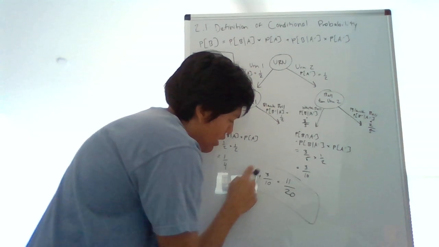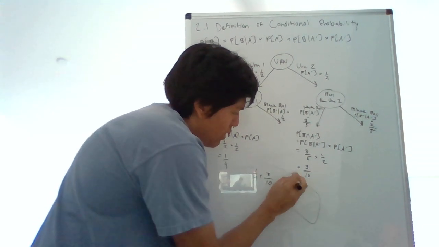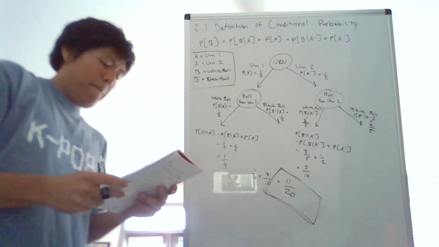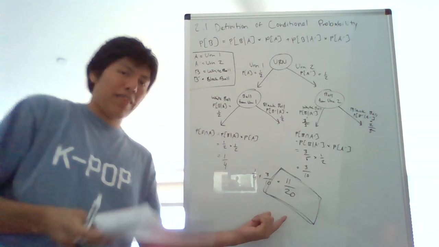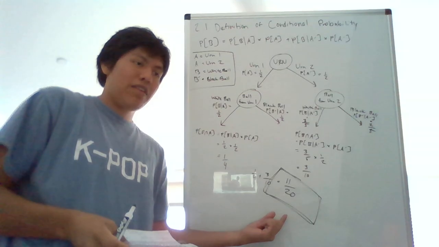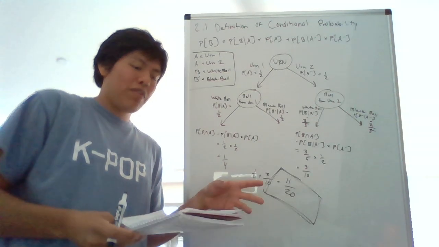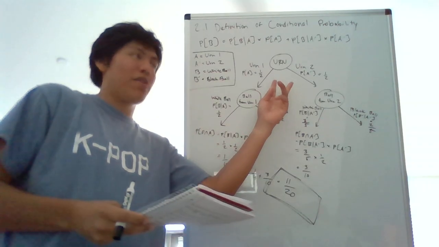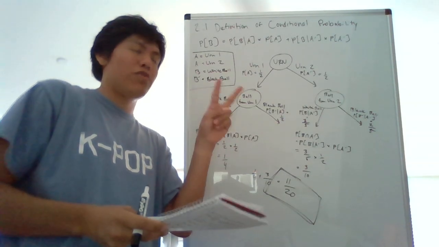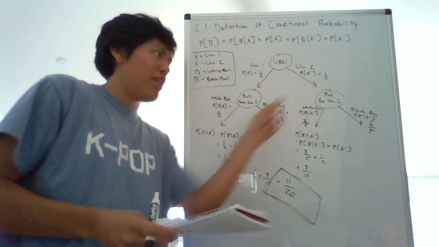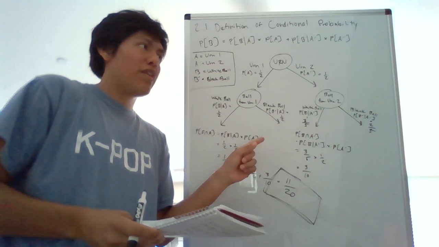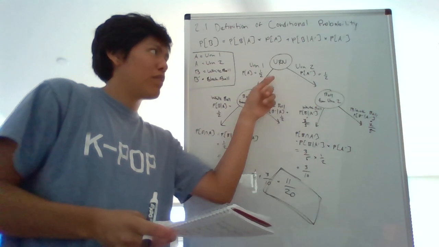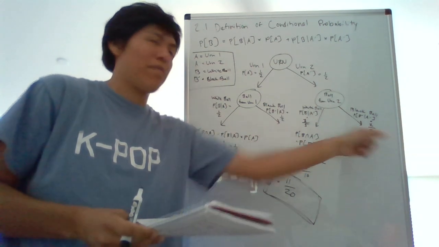Well, I only really had to circle this bit right here. So that is the total probability that we chose a white ball, and again we had the scenario where we had 2 urns to choose from, so we had to consider every single possibility. Urn 1 white ball, urn 1 black ball, urn 2 white ball, urn 2 black ball.